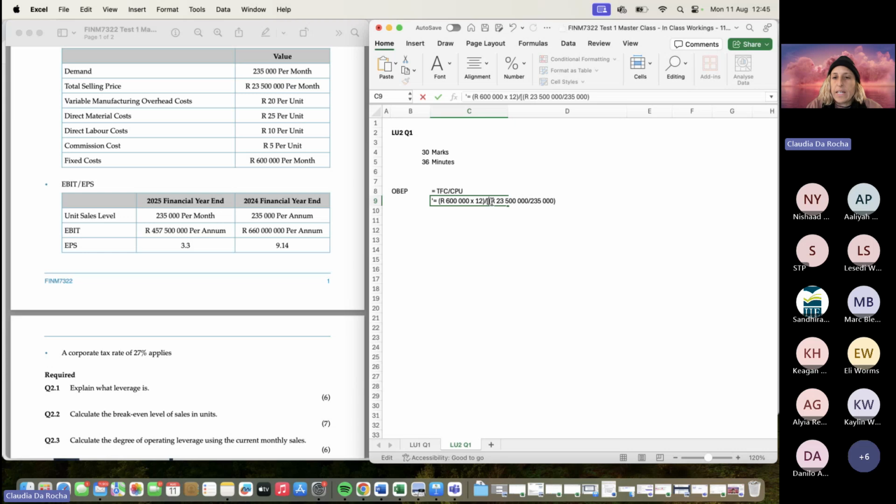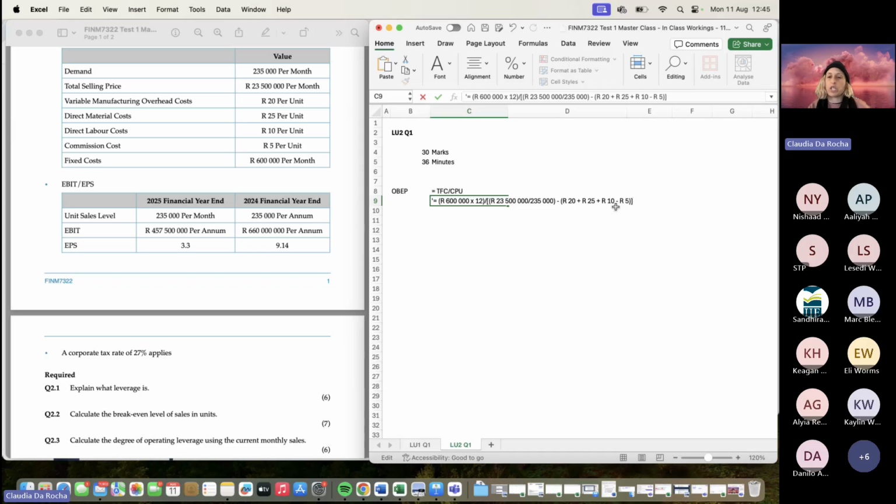And then we're going to minus all the variable costs. Remember, our contribution per unit is your selling price less all your variable costs. So all our variable costs, we've got the 20 rand plus the direct material one. So we've got the 20, the 25, we've got the 10. Also, commission needs to be added because that is a variable cost.